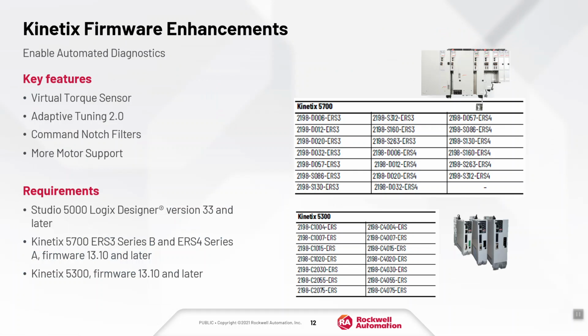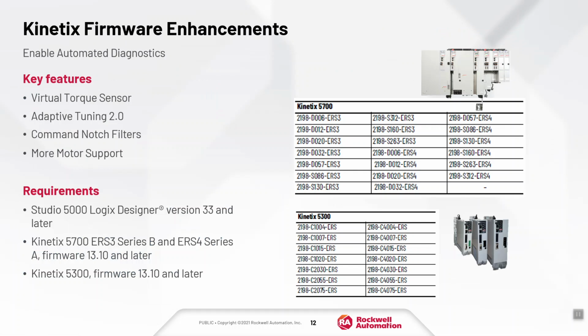From an automated diagnostics perspective, we've also recently enhanced the embedded firmware in 2 of our high-performance Kinetics products. So the Kinetics 5700 and the recently released Kinetics 5300 simply require a firmware update, in this case, to the control program or the firmware for the controller to version 33.